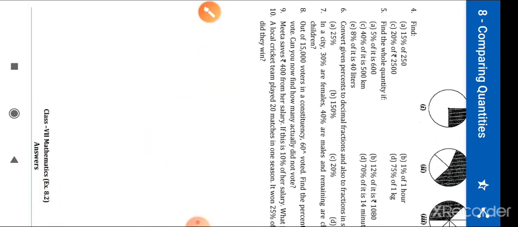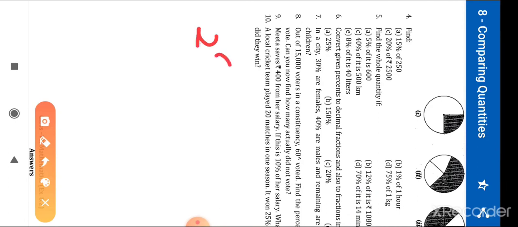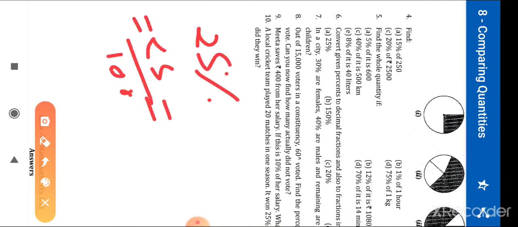For this, 25% means 25 divided by 100. After cancelling out we have 1 by 4. So it is the simplest fractional form of 25%. In this way you can solve the remaining part of this question. Now move to the next question.